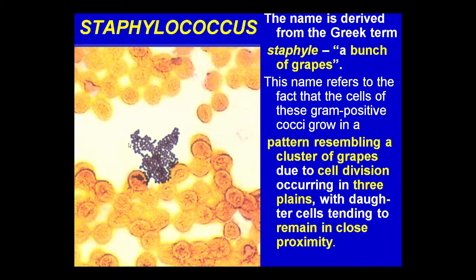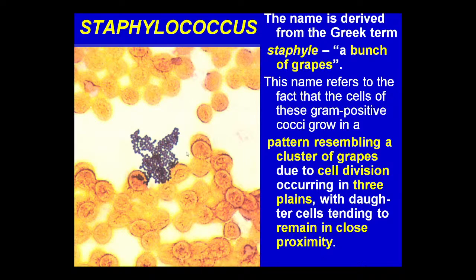And you can see very well the bunch of grapes, and this is the type of arrangement, and the name Staphylococcus refers to the fact that the cells of this gram-positive cocci arranged in a cluster resemble a cluster of grapes due to the cell division in three planes, right?